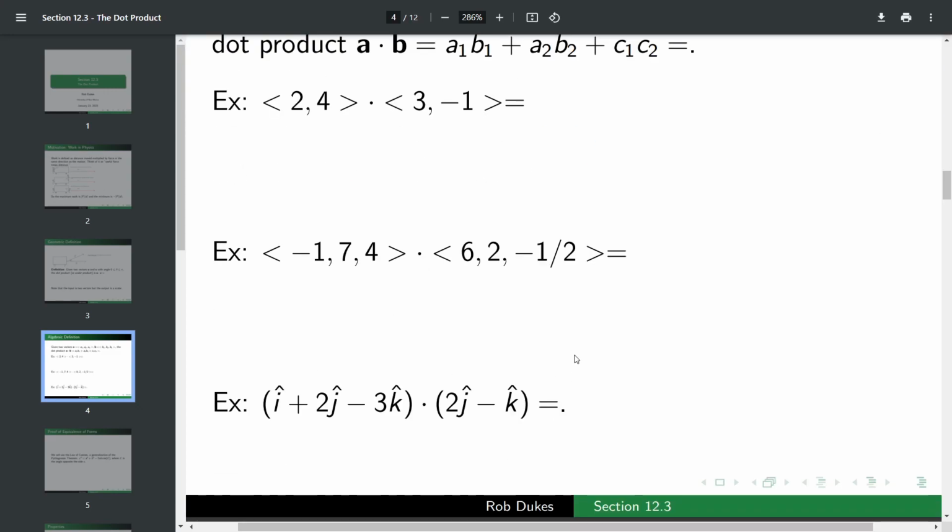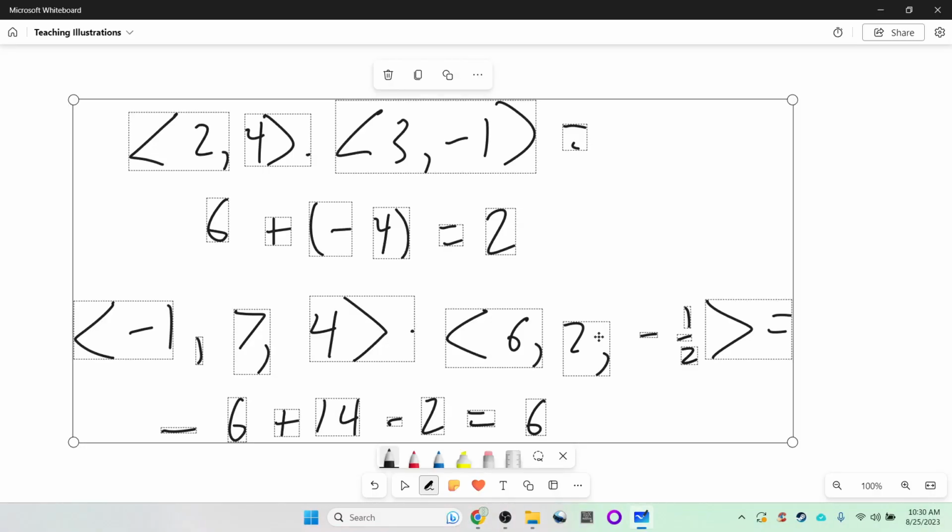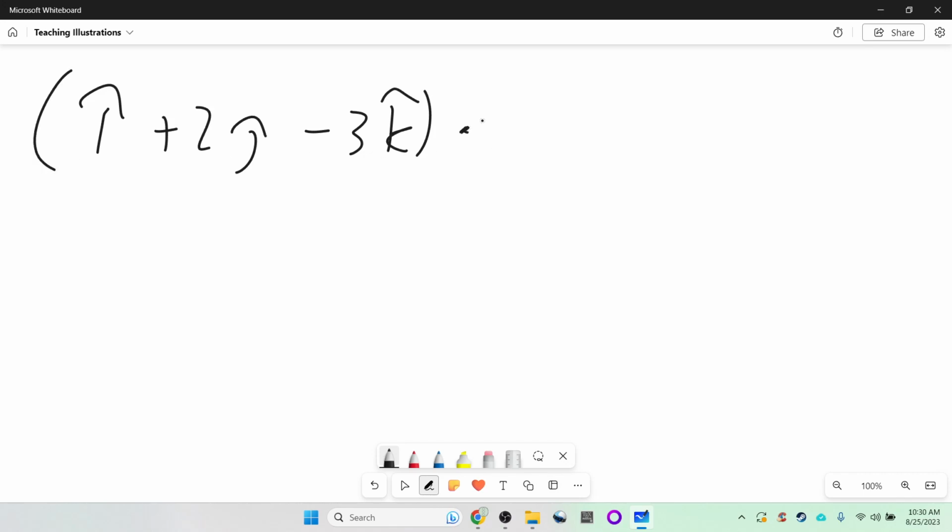Next example is with IJK notation. So we're asked (i + 2j - 3k) dot (2j - k). So we do each component.